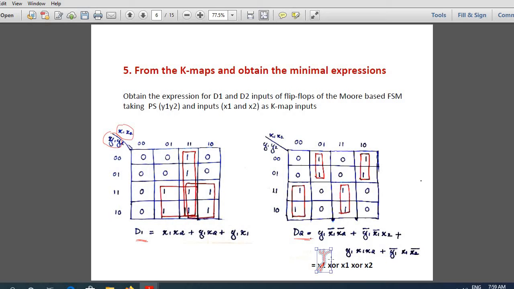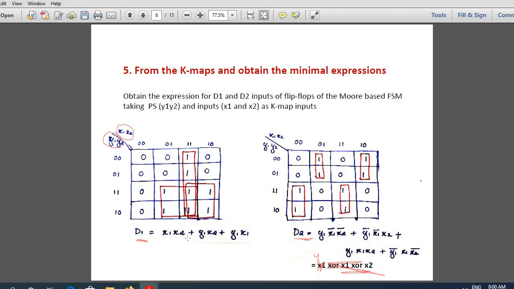It is actually y1 XOR x1 XOR x2. That is what the equation is, okay? y1 XOR x1 XOR x2.